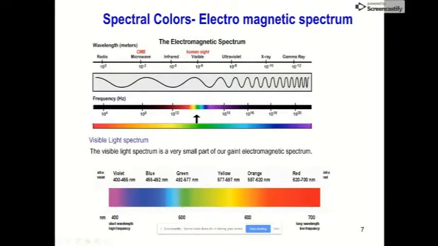This is a very detailed diagram of the visible light spectrum, which starts from 400 nanometer wavelength to 700 nanometer, the long wavelength. Violet color has a shorter wavelength and red color has a long wavelength in the visible spectrum.